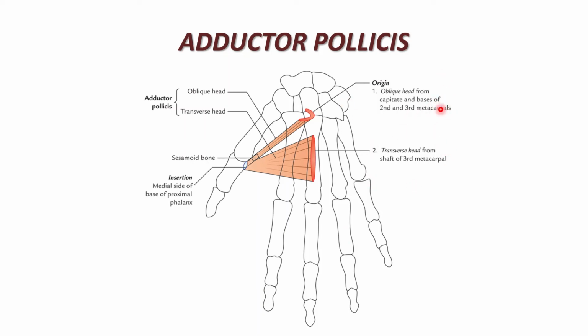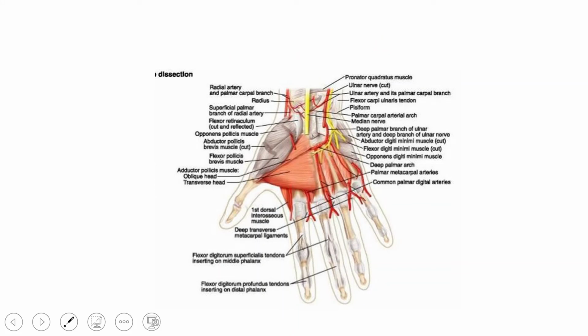The oblique head arises from the base of the second and third metacarpal bones, whereas the transverse head arises from the shaft of the third metacarpal bone. The insertion is over the medial side of the base of the proximal phalanx. This is the dissected atlas view of the adductor pollicis, with the transverse head and the oblique head reaching the proximal phalanx at their insertion.